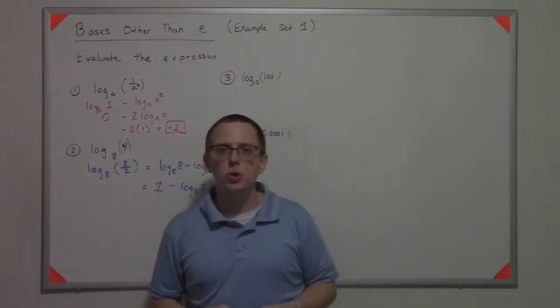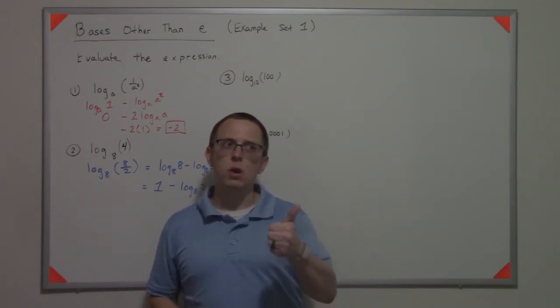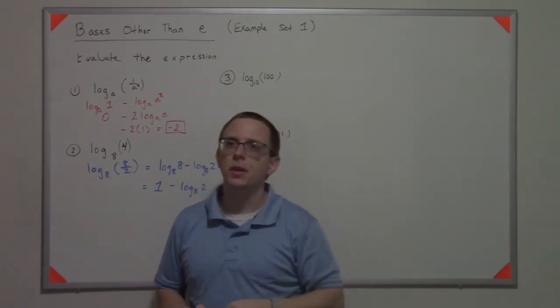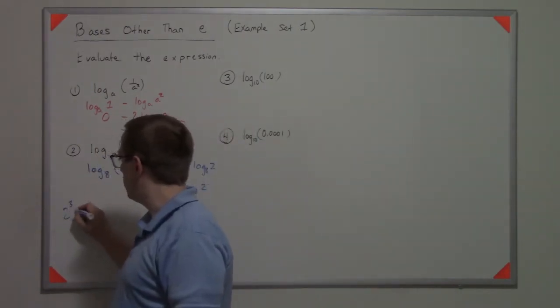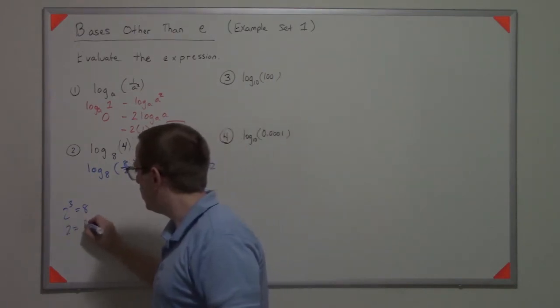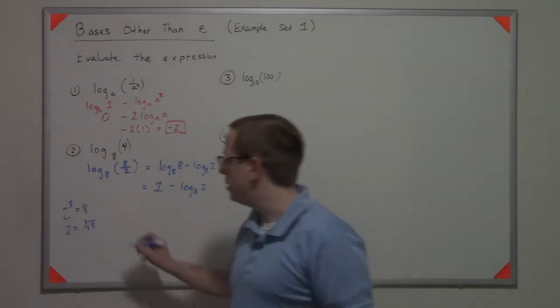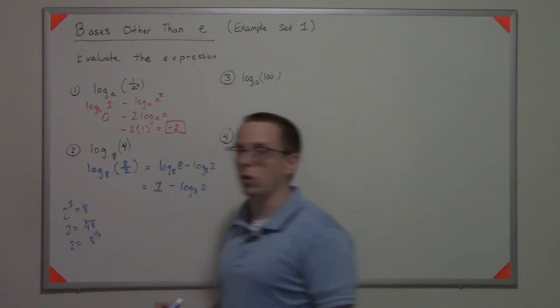That's probably true, but think about 2 and 8. 2 times 2 times 2 is 8. So if 2 cubed is 8, then 2 is the cube root of 8, which also means that 2 could be rewritten as 8 to the 1/3 power.